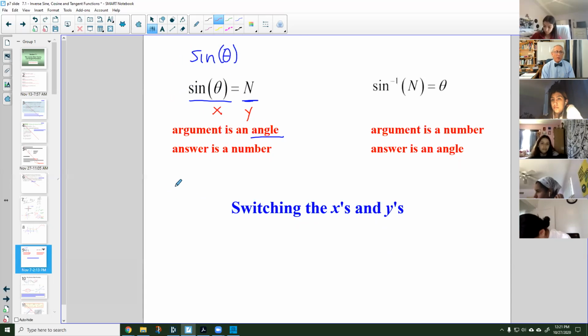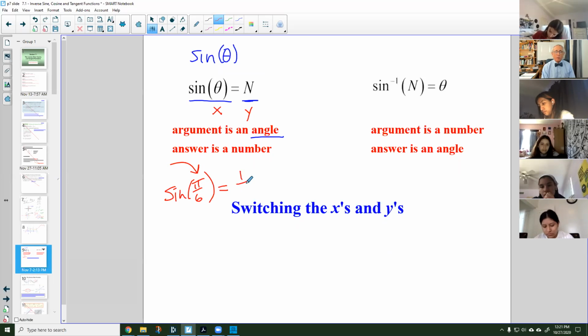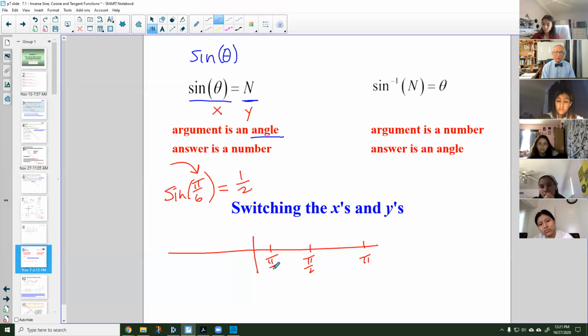So for example, I can say, what is sine pi over 6? The input value I'm giving is the angle, a pi over 6 angle in radians, right? And then the output, sine pi over 6, is going to be the number 1/2. If I was graphing this, here would be pi, over here would be pi over 2, and right over here would be pi over 6.